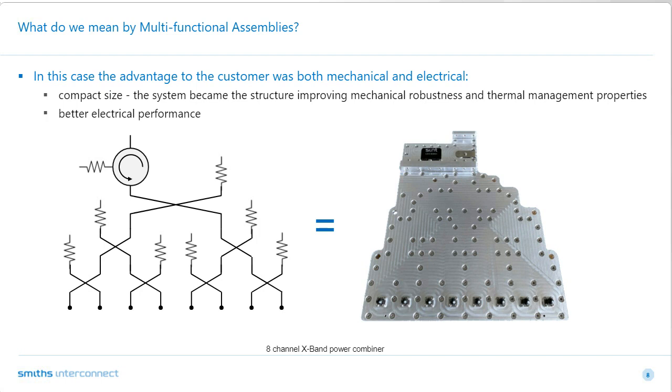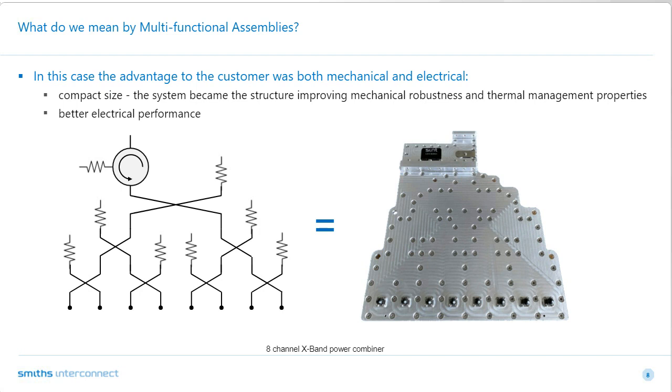Yes, so looking at the next slide, can you go into detail regarding the mechanical structure, the robustness, and the thermal management properties of that device? Yeah, so you can see from the schematic on the left-hand side, basically we've got eight inputs being combined together in a signal combination, and then going through a high-power isolator.